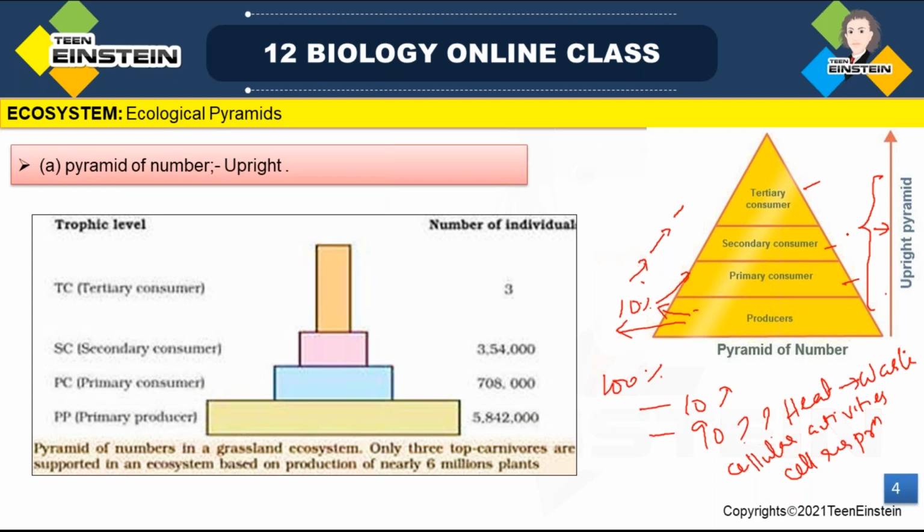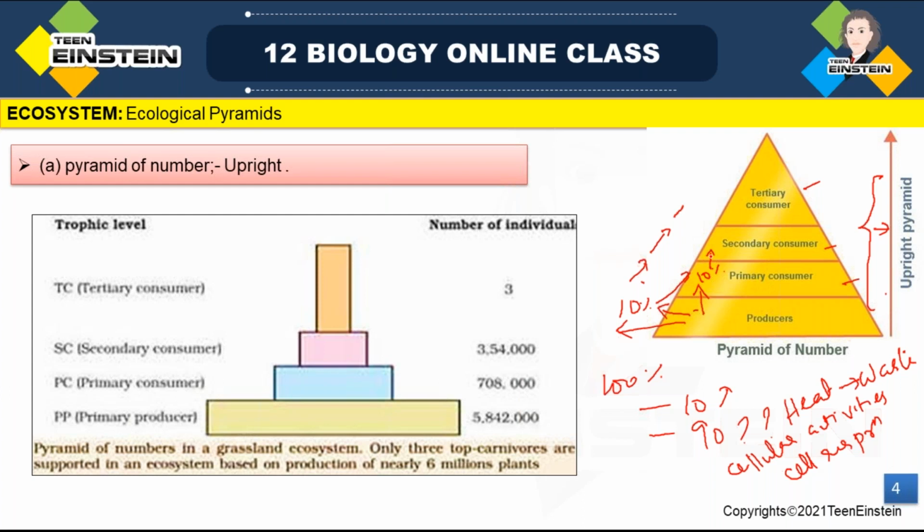So what all did we say in the pyramid of numbers? Here the number of producers will be maximum, and during transfer of food from any trophic level to the next trophic level, only 10% of the food is moving to the next trophic level. Okay, 10% of energy or food is getting transferred to the next trophic level.